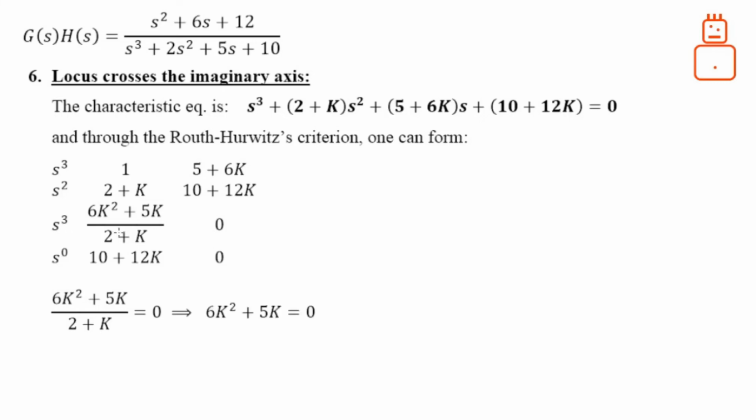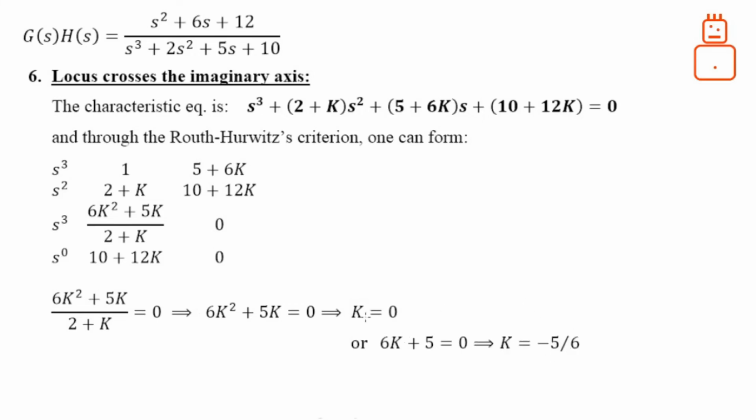If we compute it this way, or with this formula here, we may have 2 values of k: k equal to 0 or k equal to -5/6.